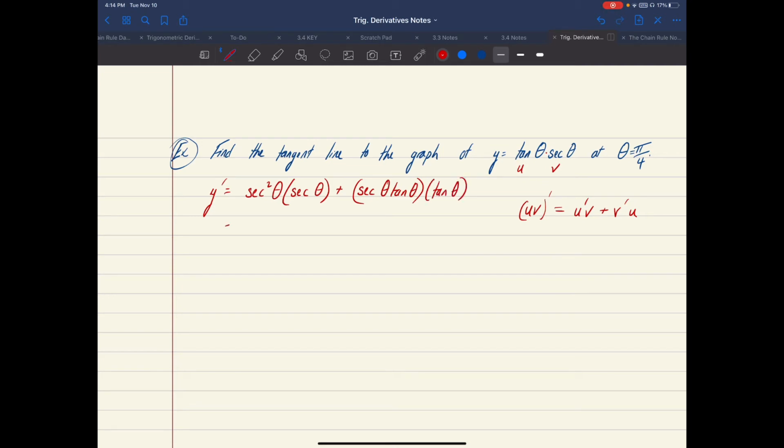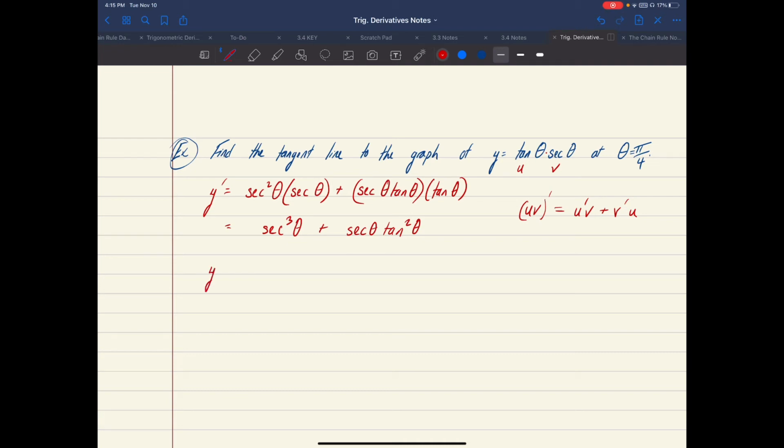I will multiply this out and clean it up. So secant cubed theta plus secant theta tangent squared theta. That is my derivative. Now what I want to do is evaluate that derivative at pi over 4.